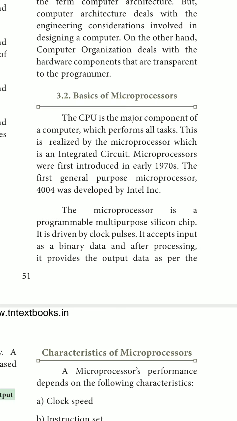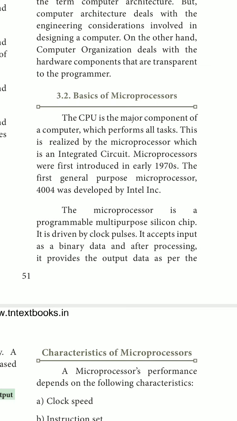In the real world, Intel and AMD are the different companies that produce microprocessors. The most commonly used CPUs are the Intel i3, i5, i7, and recently they have released the i9 also. You can see that it is dual core.